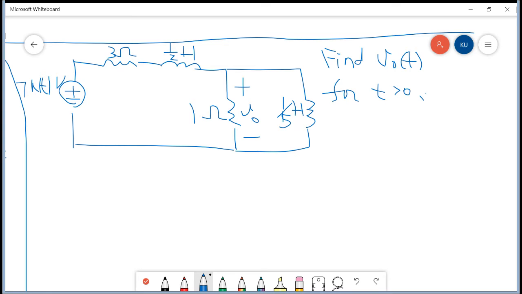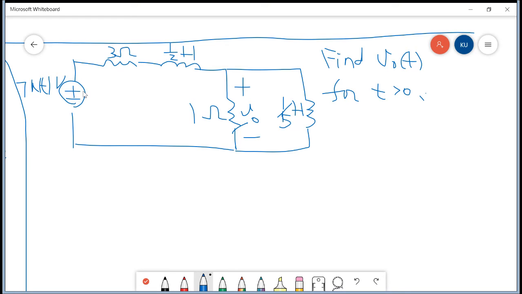So actually for this case, you should be very careful because for a resistor, the voltage or the current are not necessarily continuous at t equals 0.